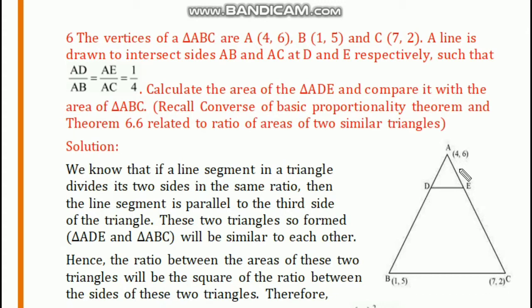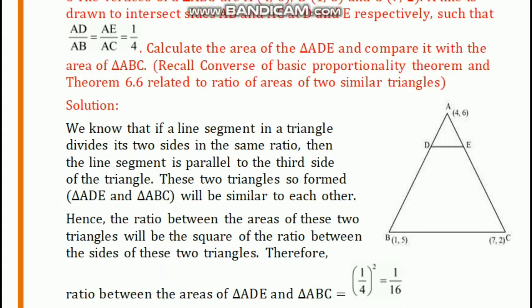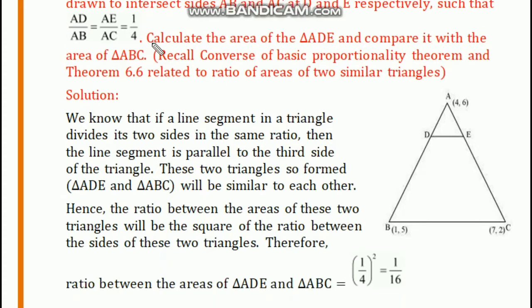By using this concept, we are going to find their area. Here the ratio of the sides of the triangles is directly given as 1/4.